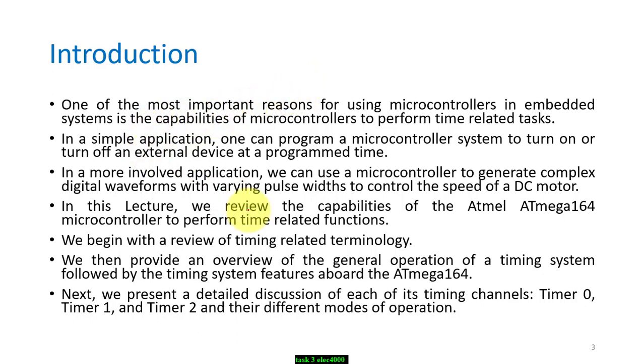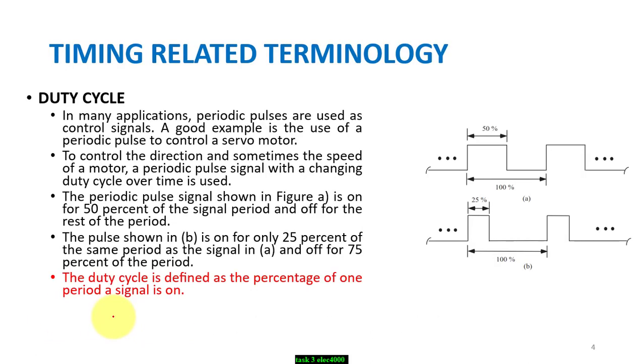Now, we are going to take into consideration the ATmega164, which is one of the ATmega microcontrollers. This microcontroller has three timers: two 8-bit timers, which are timer 0 and timer 2, and one 16-bit timer, which is timer 1.